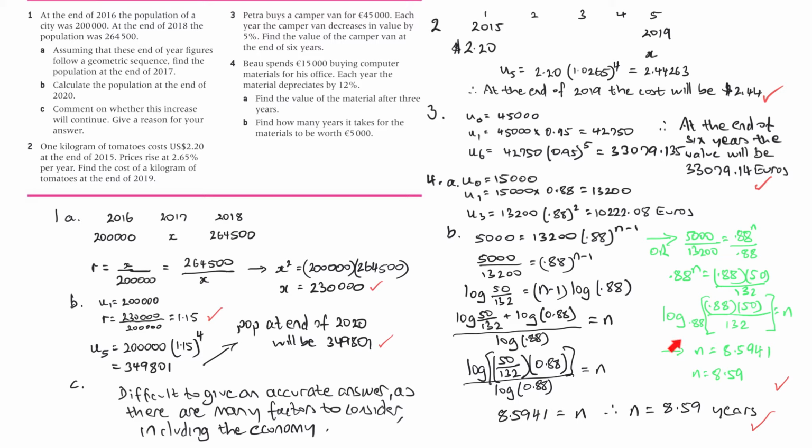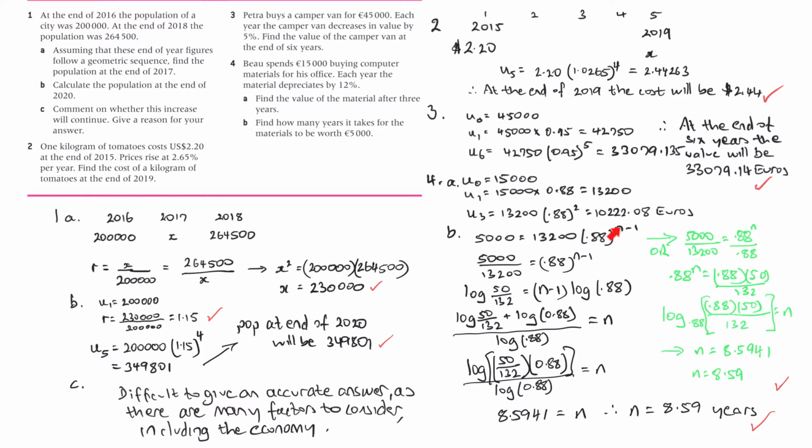Now there's an alternate way to do this, which is probably a little bit easier. I've done that in green here. In this step here, where I've got 0.88 to the n minus 1, that's effectively the same as 0.88 to the n divided by 0.88. I've just moved it down.